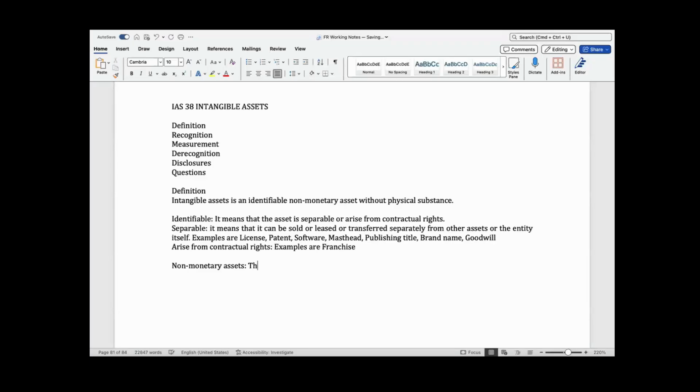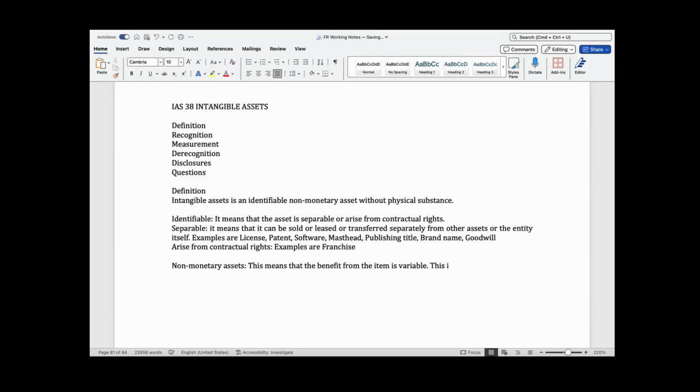When we say non-monetary assets, this means that the benefits from the item or the asset are variable. Variable in the sense that we cannot determine with certainty how much we're going to make from that asset. That's what makes it variable.